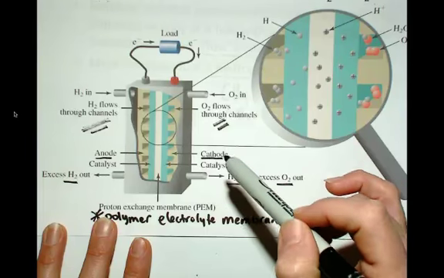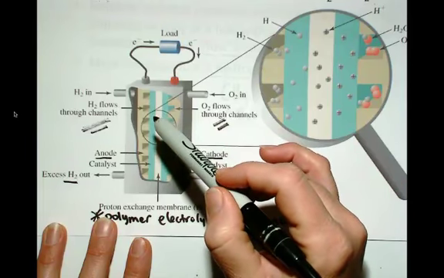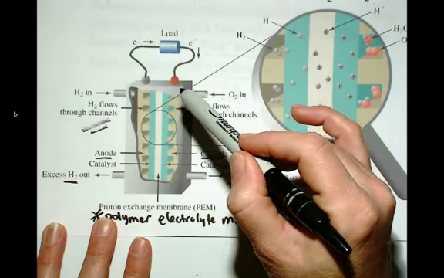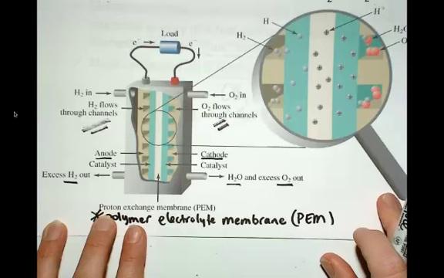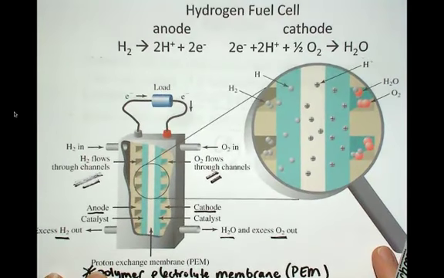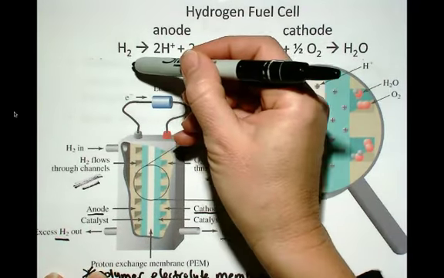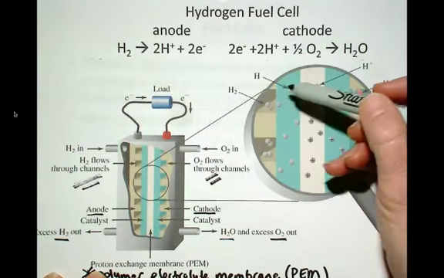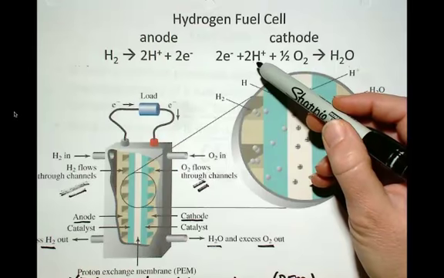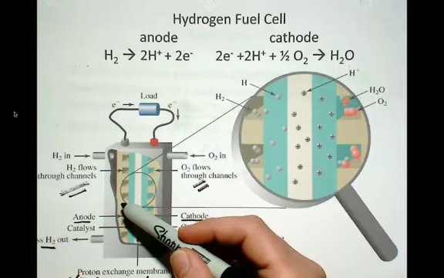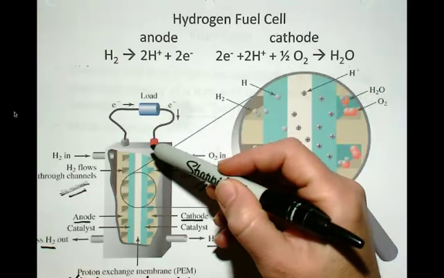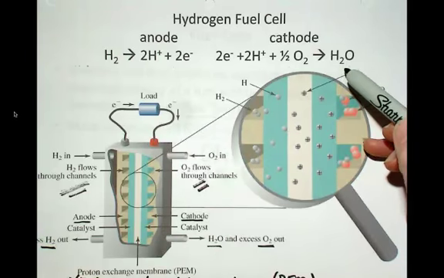At the anode, we have oxidation occurring, then the electrons are shuttled around to the cathode compartment where reduction is occurring. At the anode, hydrogen releases its electrons to give the hydrogen ion, and then at the cathode, the hydrogen ion has made its way across the membrane and meets up with the oxygen flowing in on that side to produce the product water.